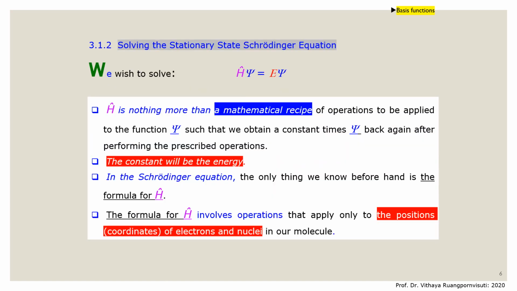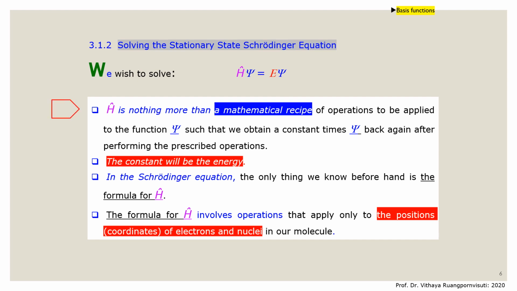We wish to solve the stationary state Schrödinger equation: Hamiltonian H acting on wave function psi equals energy times wave function psi.